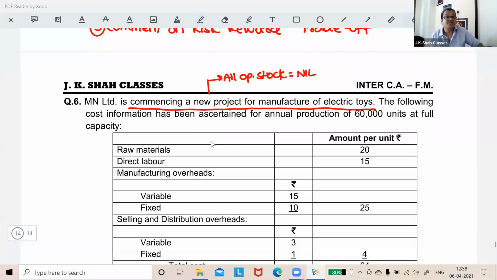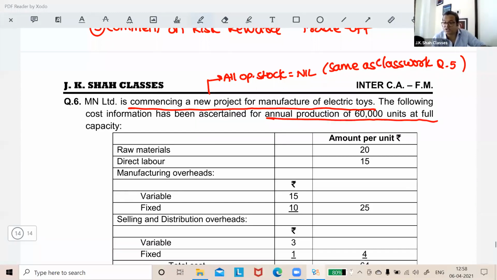This is the same as classwork question 5, so that will help you out. See what is told. All the following cost information has been ascertained for annual production of 60,000 units, which is full capacity. You remember in question 5 this was 12,000.